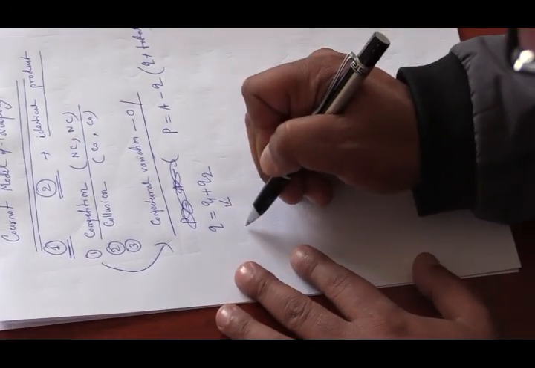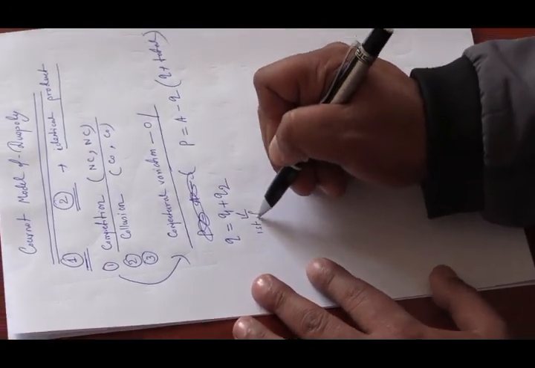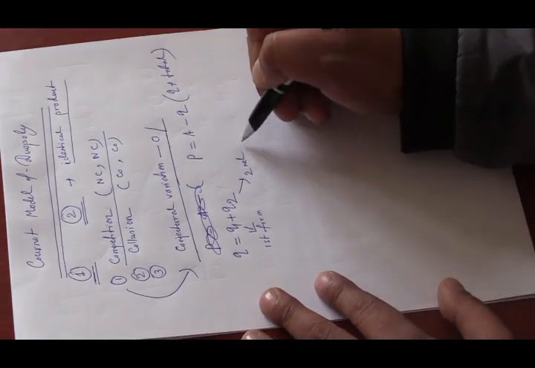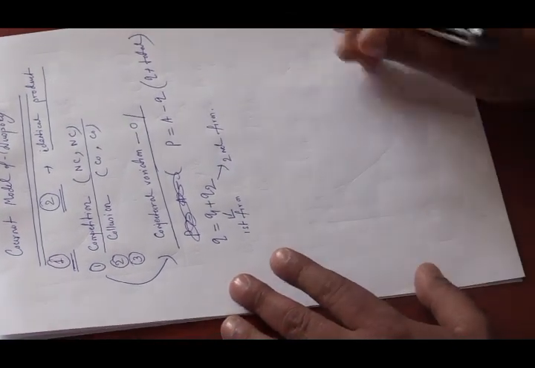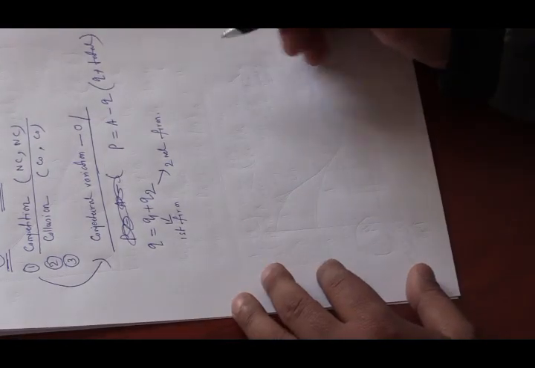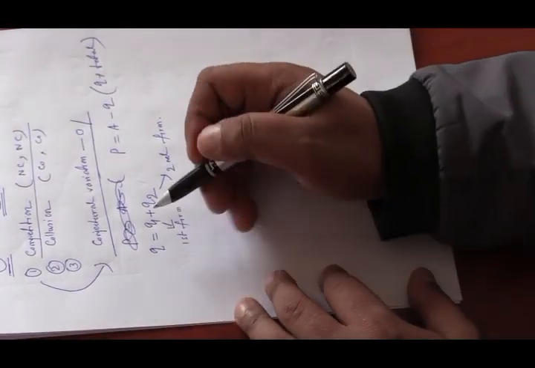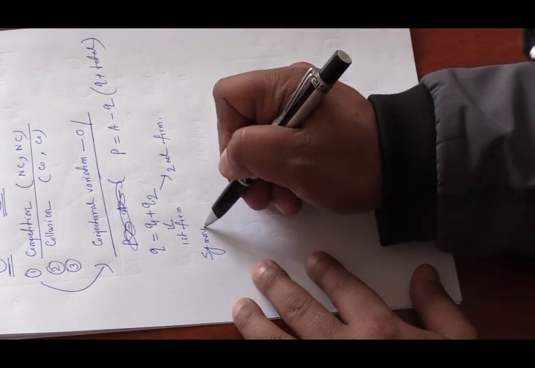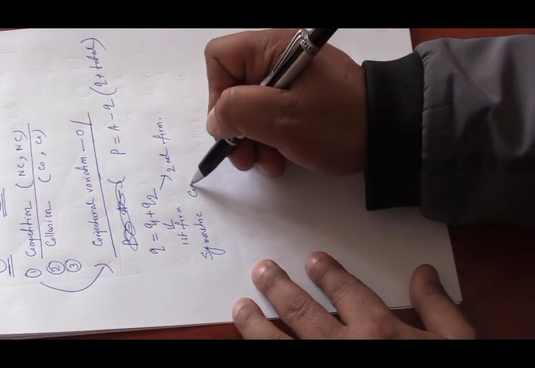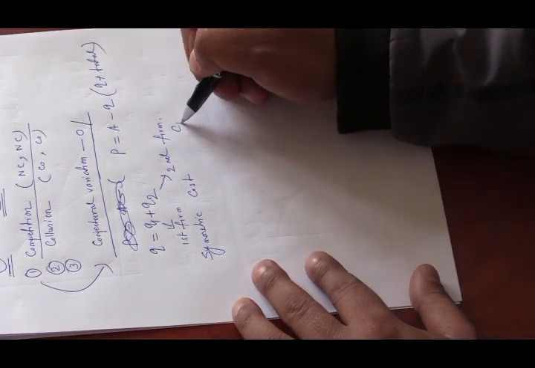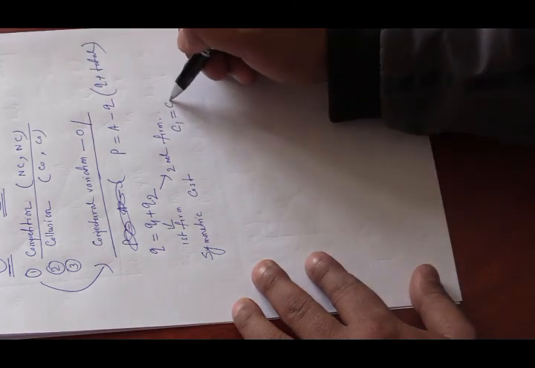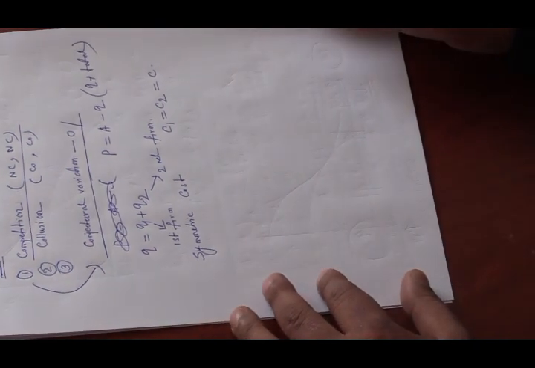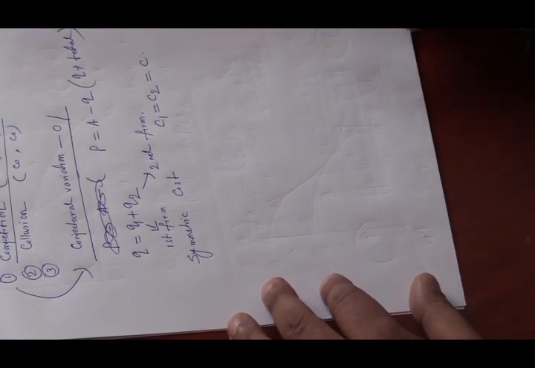Q1 is the output sold by the first firm and Q2 is the output sold by the second firm or second player. Let us start with the symmetric cost, in which we consider marginal cost of production is constant and equal for both firms. C1 equals C2 equals C.